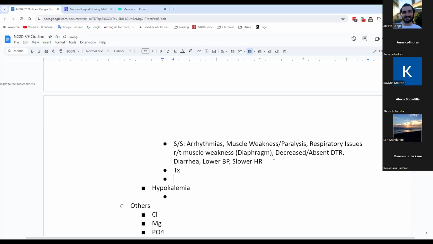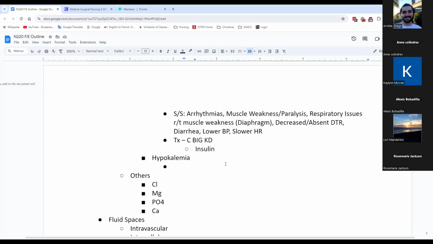So what about treatments? When you have really high potassium, how do you treat it? Okay, insulin. It's a good one. You have a mnemonic, C BIG K D. So we talked about insulin, but are you going to give insulin just by itself?